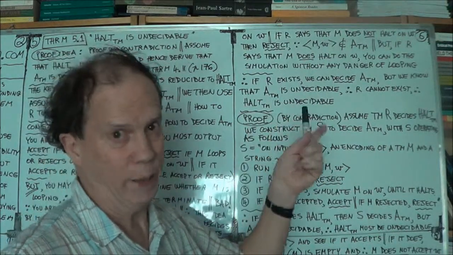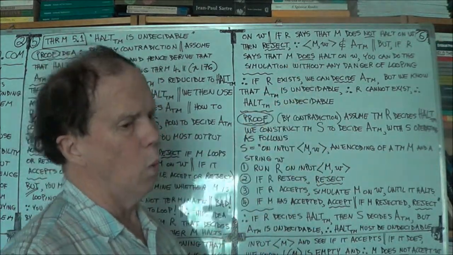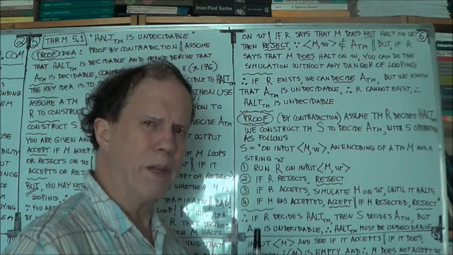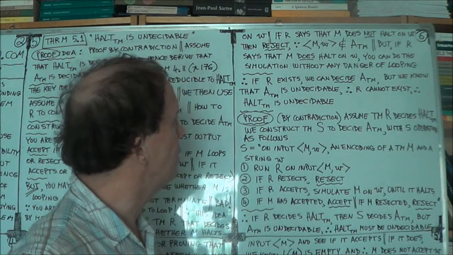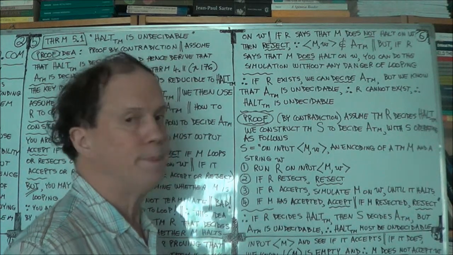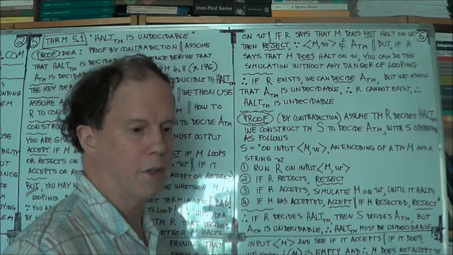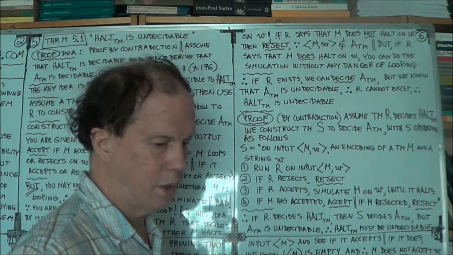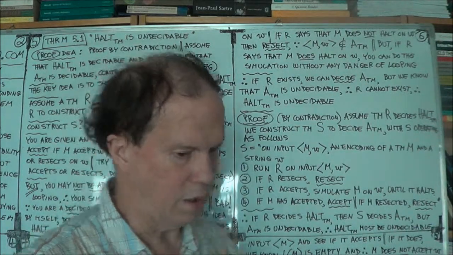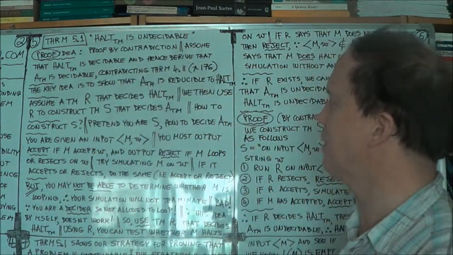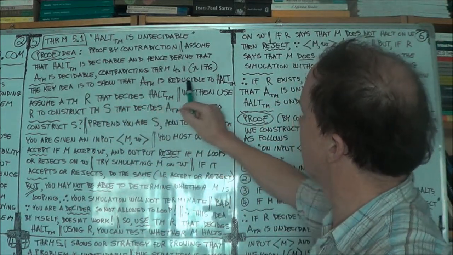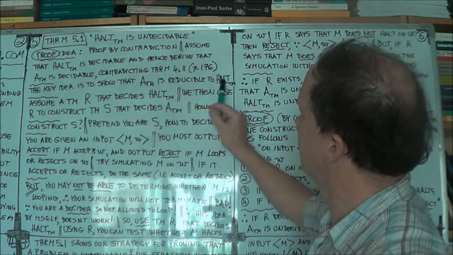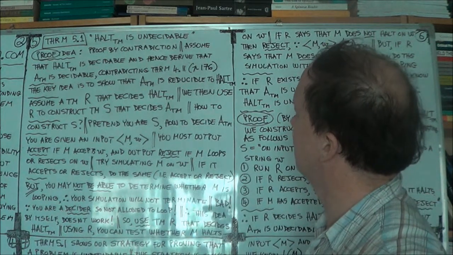And here's my question again. Where is reducibility coming into this? Seems to me it's just a straightforward example of proof by contradiction. So where is reducibility coming in? It's not clear. I mean, he states, the key idea is to show that ATM is reducible to halt.